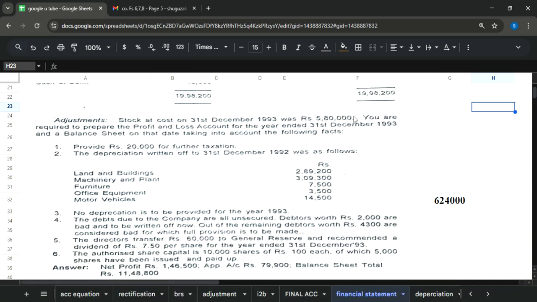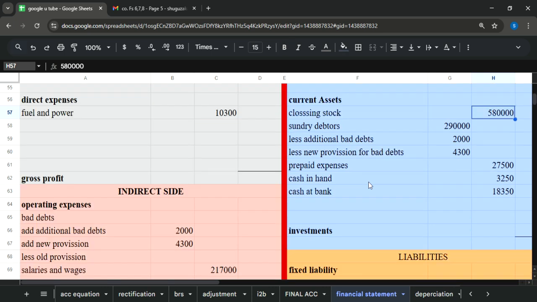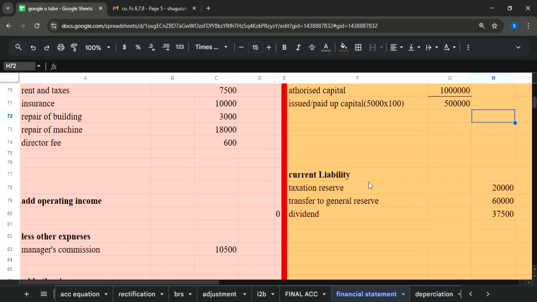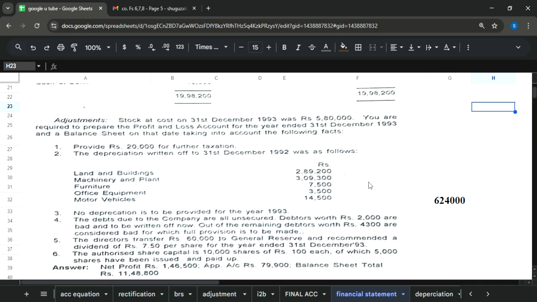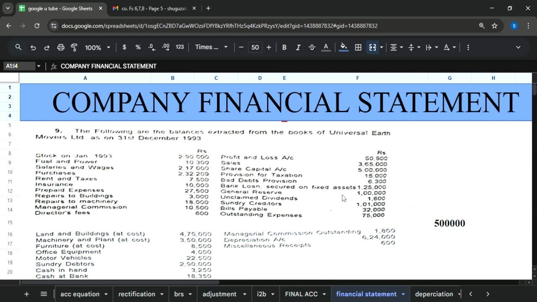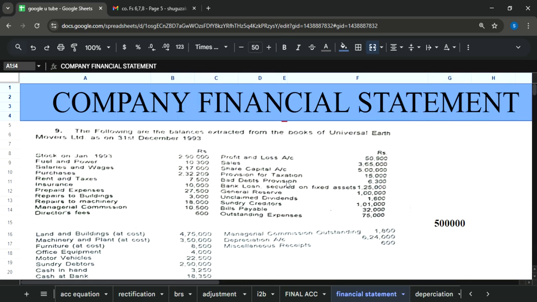Amount of provision for taxation is 15,000. Let it be put 15,000 over here. After which bad debt provision, this is old provision. Let's see how much amount it is. Bad debt provision 6,300.